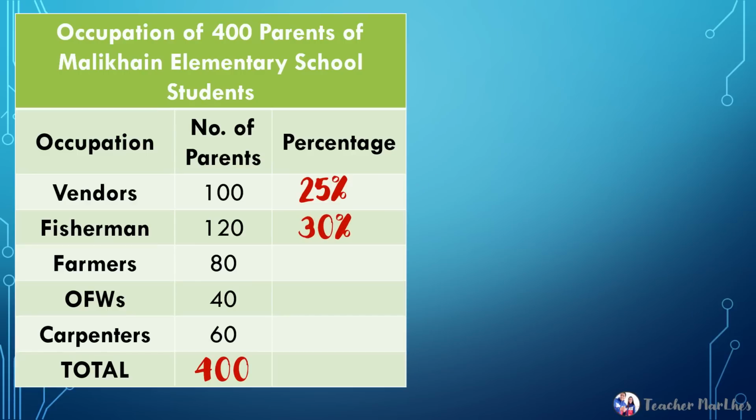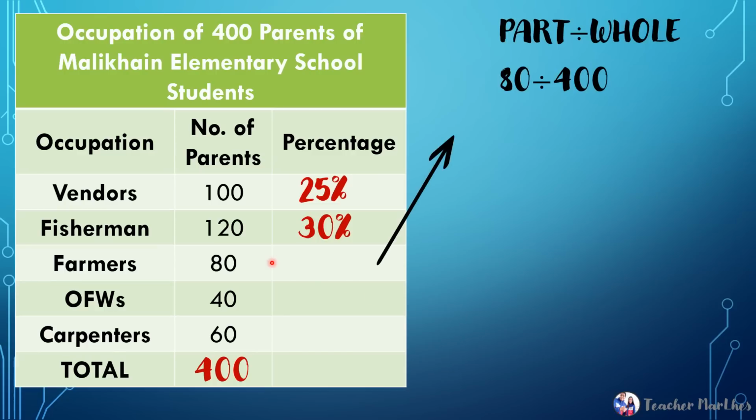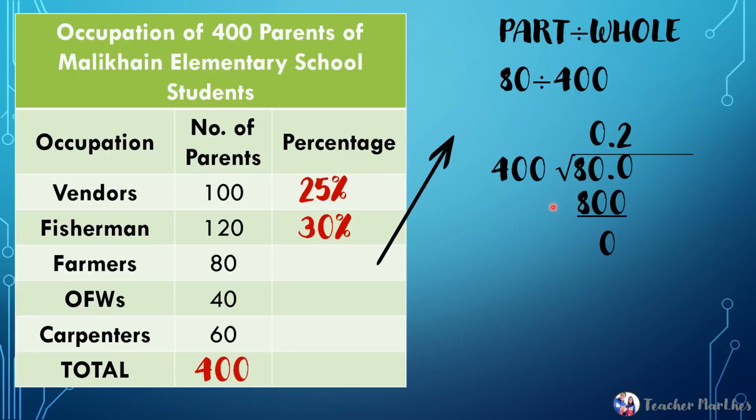Next is farmer. For farmers, 80 is the part divided by the whole, 400. 80 divided by 400 is 0, so we add a decimal point and 0. 800 divided by 400 is equal to 2. Copy the decimal point. 2 times 400 is equal to 800. After that, subtract: 800 minus 800 is equal to 0.